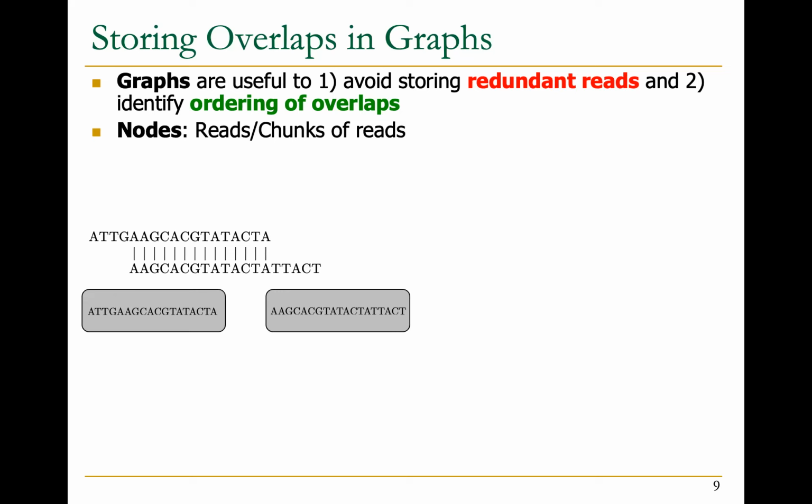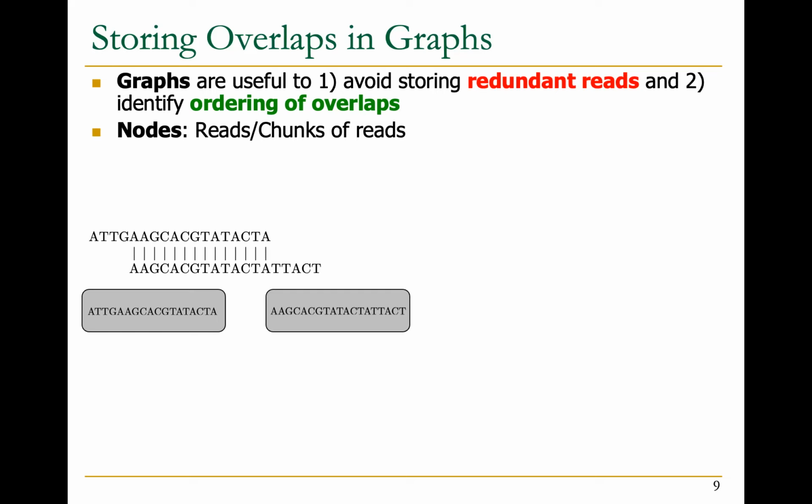And now I'll quickly show the structure of the graph, how we construct it. Since this is a graph, there are two main structures. The first one is nodes, and the second one is edges, right? We construct a node for each read, or for each chunk of the read, if you are working with chunks, smaller pieces of the read.